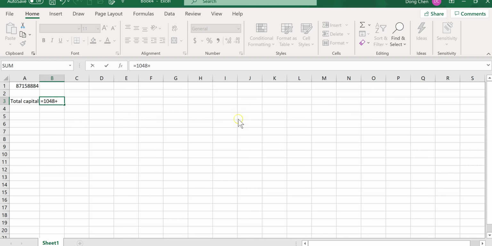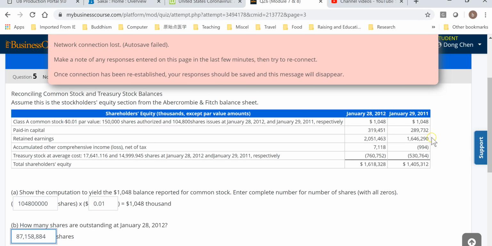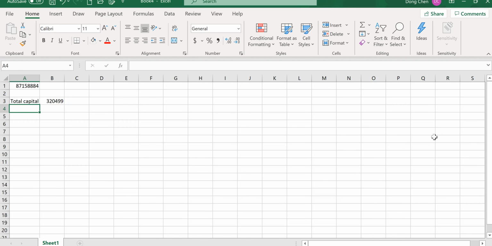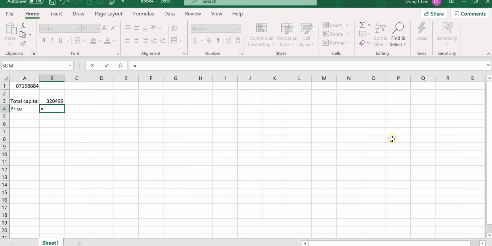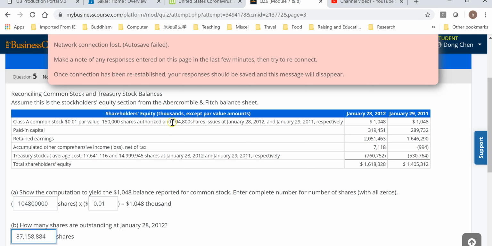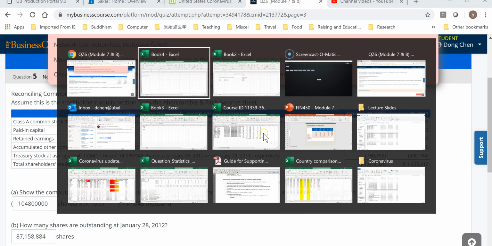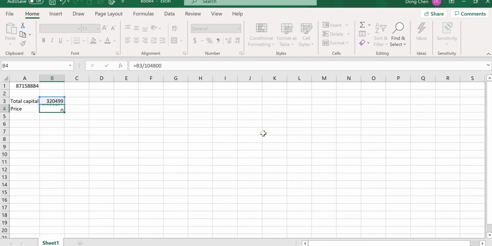So 1048 plus these numbers 319 and 451, and then the price will be this amount, and then divide that by the number of shares, which is 104,800.